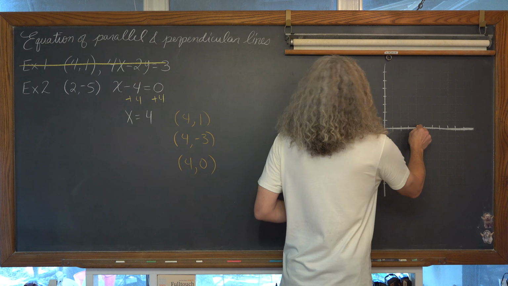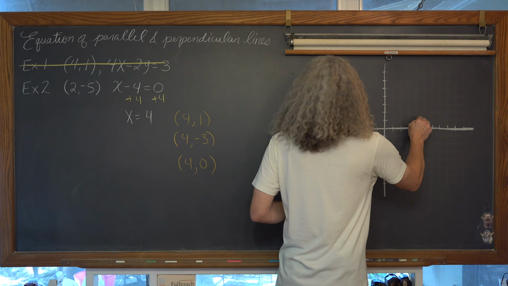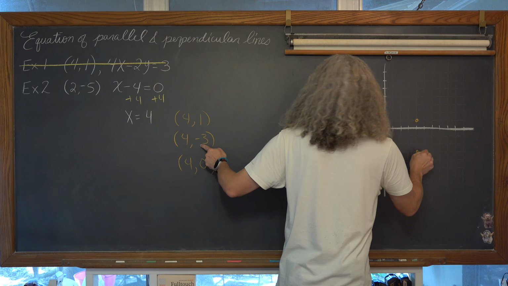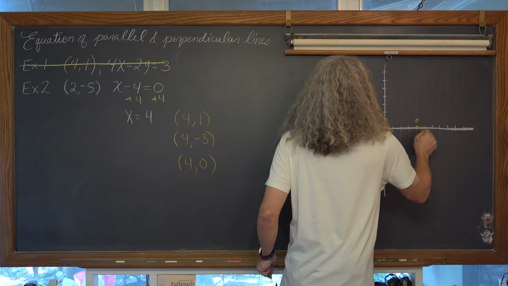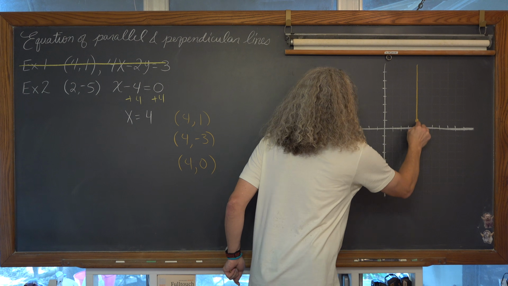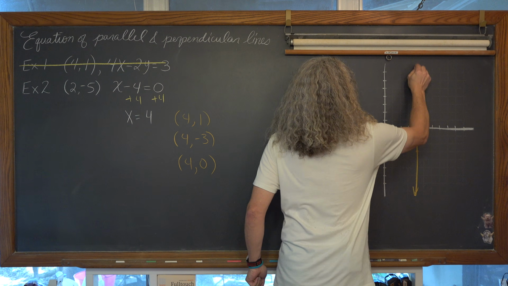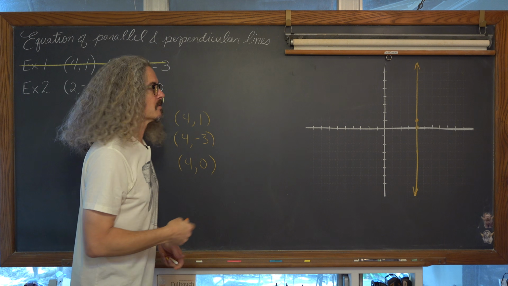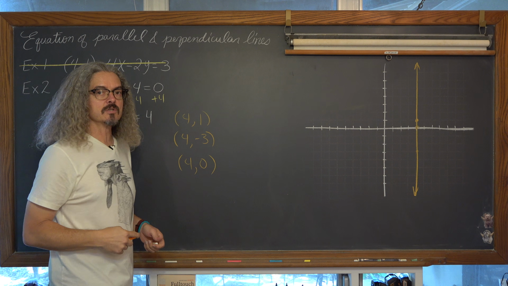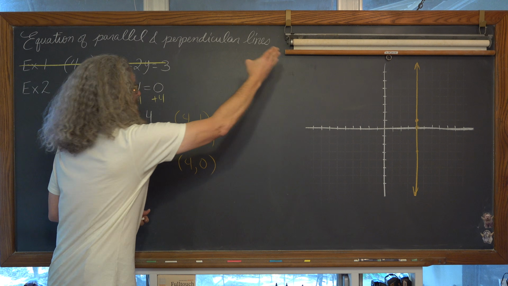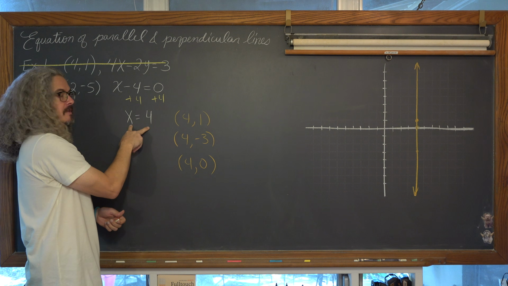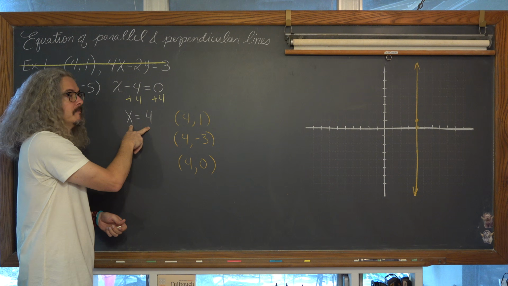So we have 4 comma 1, 4 comma negative 3, and 4 comma 0, and arguably lines are made up of an infinite number of points. I'm only using 3, but the slope of lines are constant. That is the graph of this equation x equals 4.